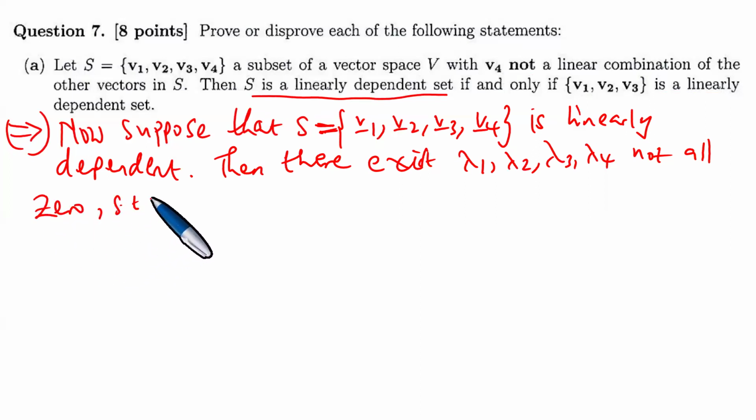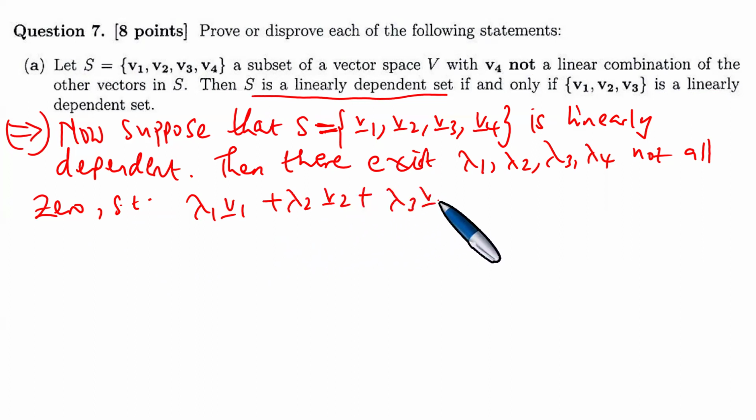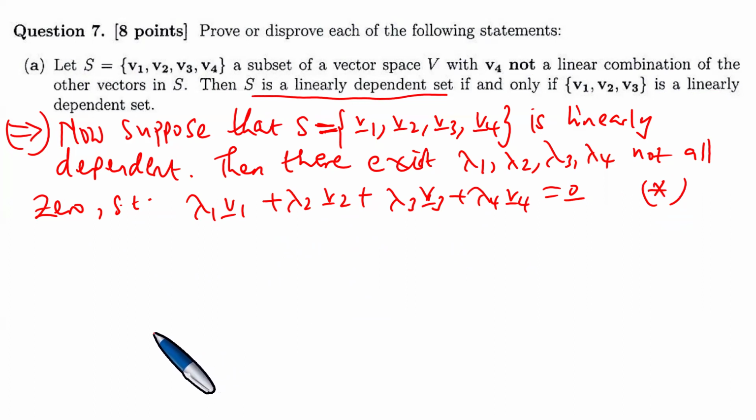Not all 0, such that you can write lambda 1 V1, lambda 2 V2, lambda 3 V3, lambda 4 V4 is 0. Okay, yeah, you can call this asterisk, star. Right, so there exist those lambdas, not all 0, such that this is the case. Because we're saying this one is linearly dependent, so you have that this is possible, but not all the scalars are 0 because of the linear dependence.